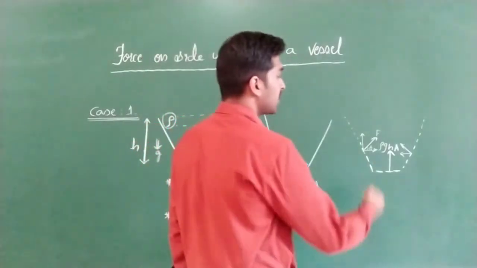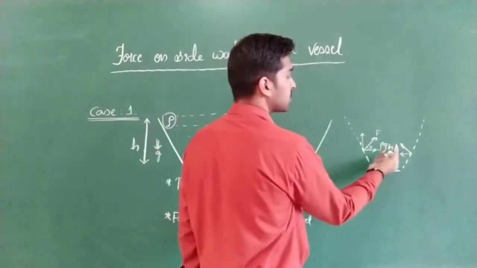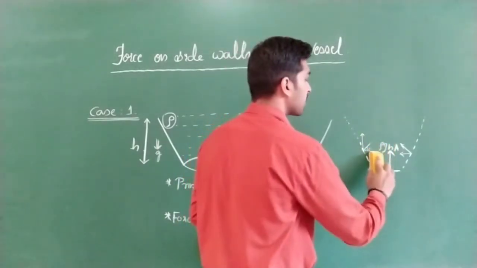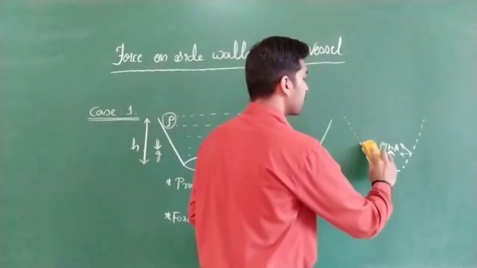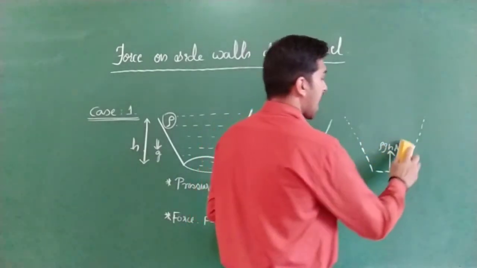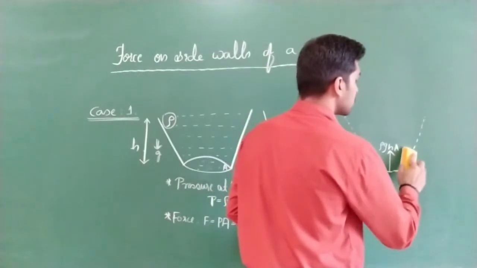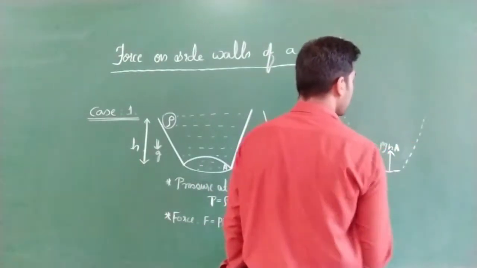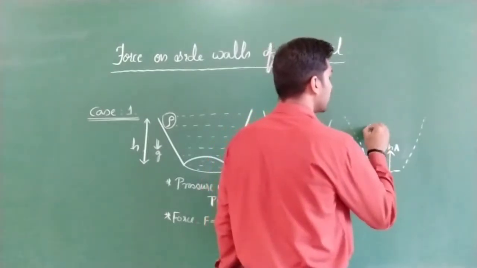And what will happen finally? These upward direction vectors will get added up, and finally all are in the upward direction. That's why the resultant force on the liquid due to the vessel will be in the upward direction.